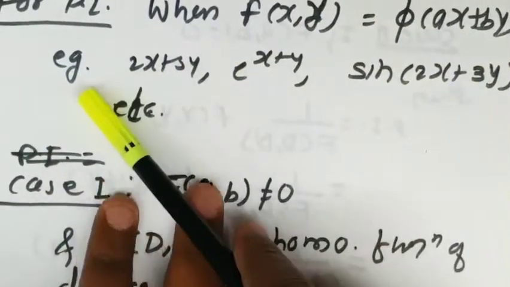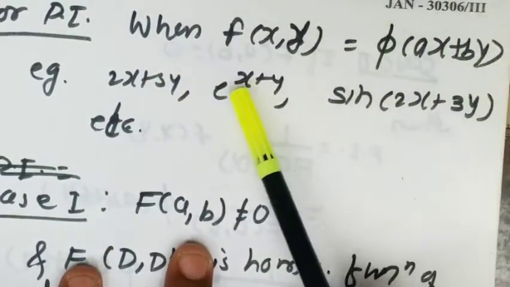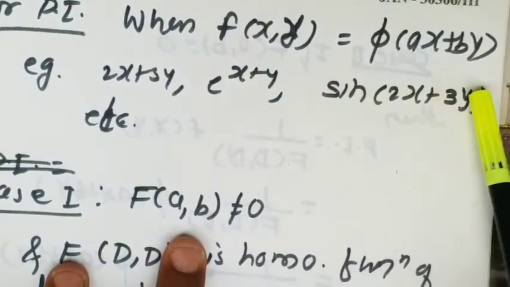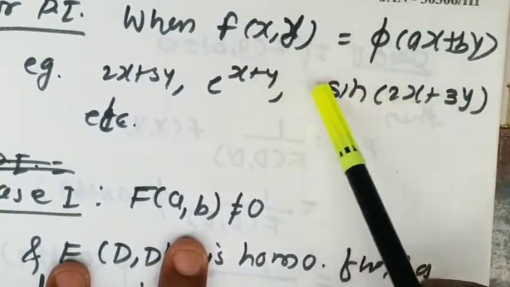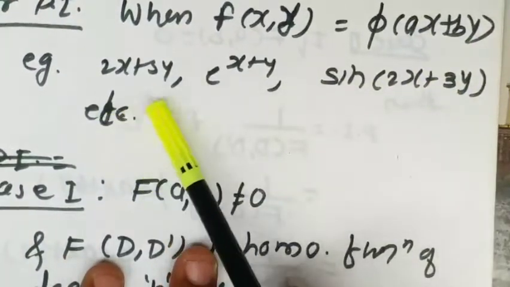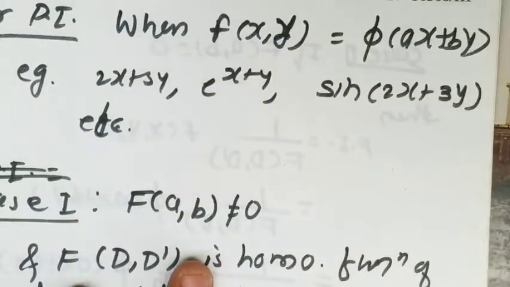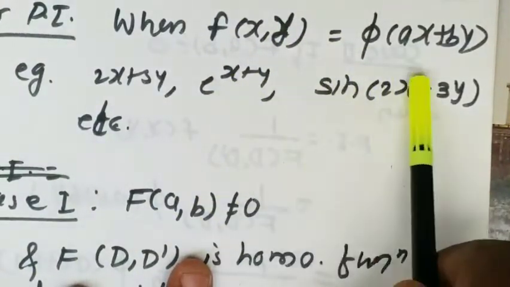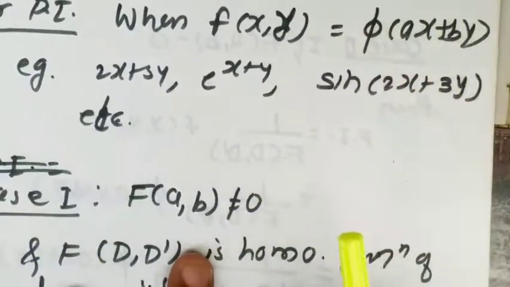For example, if your function is 2x plus 3y, it is also a function of ax plus by type, or e raised to x plus y, sine of 2x plus 3y, cos of 2x plus 3y, like that. If those functions have the factor ax plus by, some examples I have written here, in that case how to determine PI? Only this type of functions we are going to have in examples.